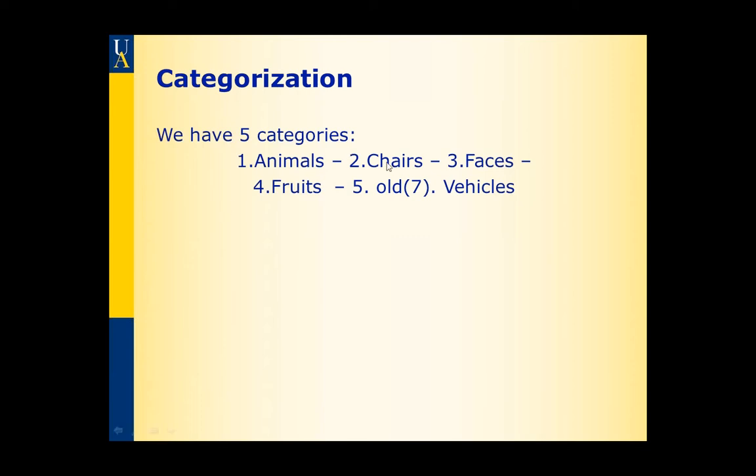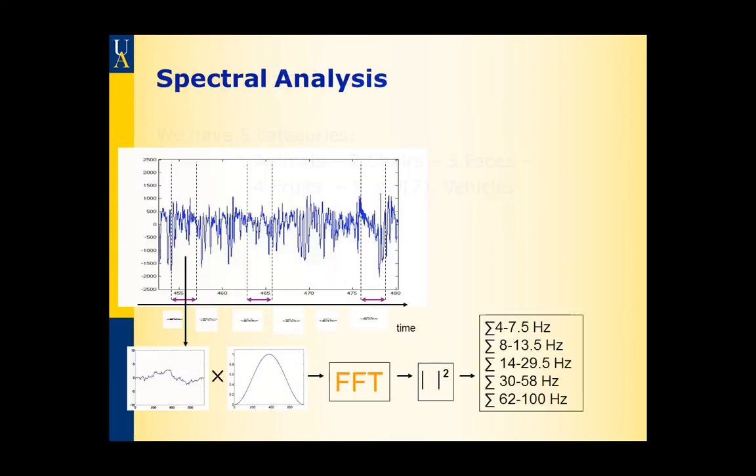There were 5 categories: animals, chairs, faces, fruits, and vehicles, like cars. We showed one patient a lot of images from the first category, a lot of images from the second category, and so on. And then we have a lot of data, right?